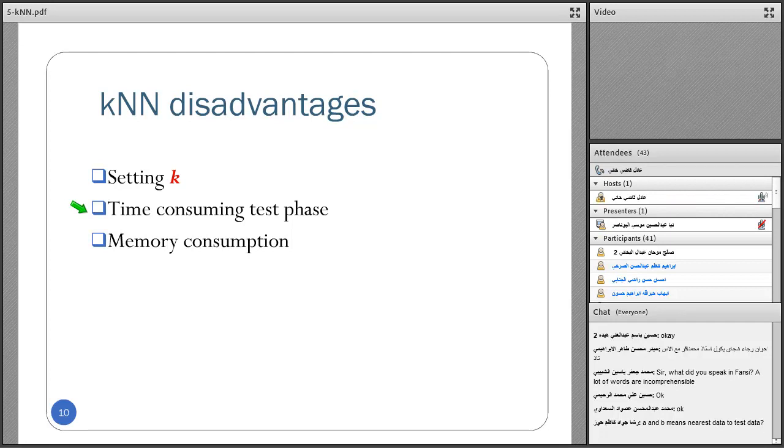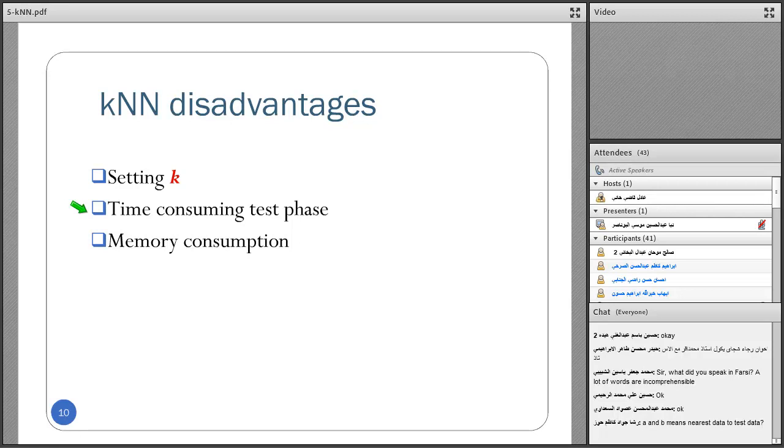And the disadvantage of KNN is that we have to set the parameter k, which is the number of neighbors we want to check in KNN. This is the first problem. The second one, which is the most important problem of KNN, is that it is very time consuming.